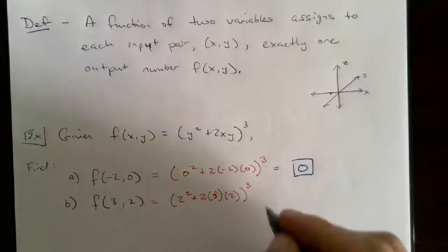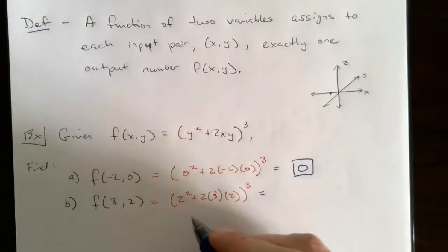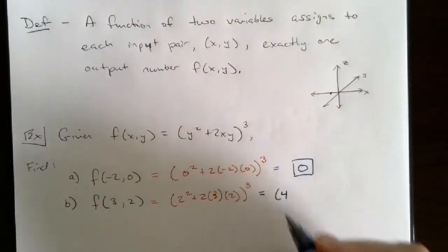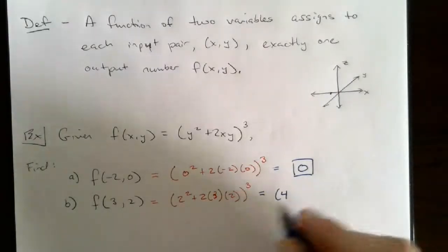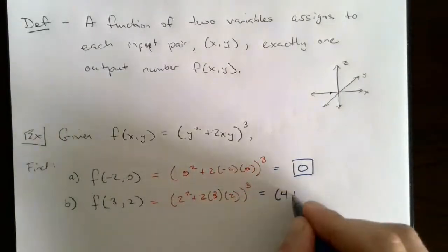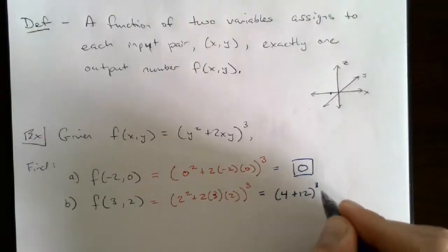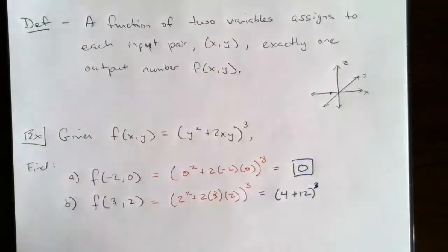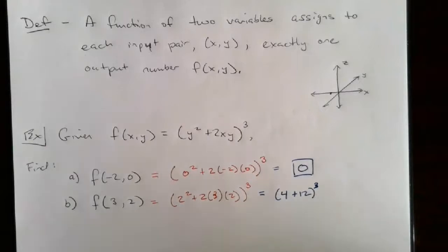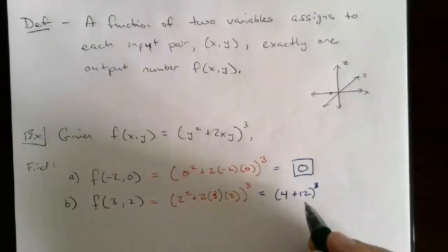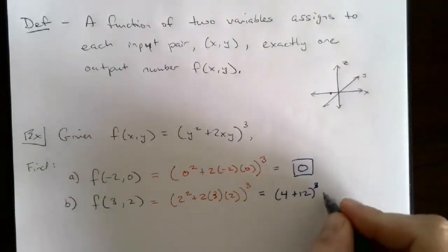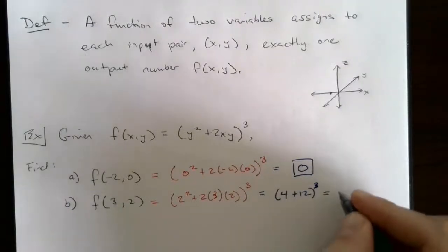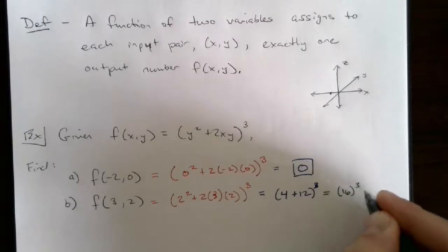And simplifying this, you have 2 squared on the inside, which is 4, plus we have 2 times 3 times 2, so 2 times 3 is 6, times 2 is 12, so 4 plus 12, this quantity cubed. Make sure you recognize that you should be simplifying the 4 plus 12, adding them together first, then raising to the 3rd power. You can't raise each piece to the 3rd power because it's a sum. So you'd have 16 to the 3rd power.